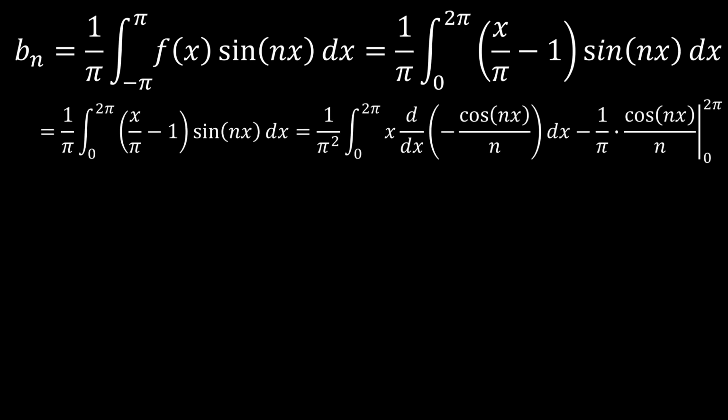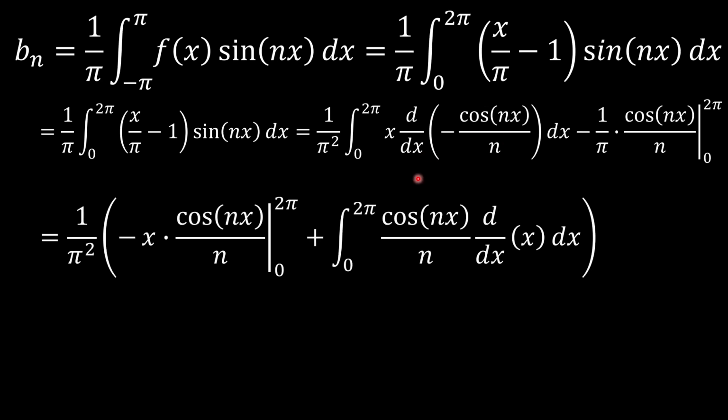So we do the same process. Now in place of cosine nx we have sine nx, and using integration by parts here, we're going to get negative x cosine nx over n, 0 to 2 pi, and as we know the other part would go to 0, so we're only focusing on this initial part.